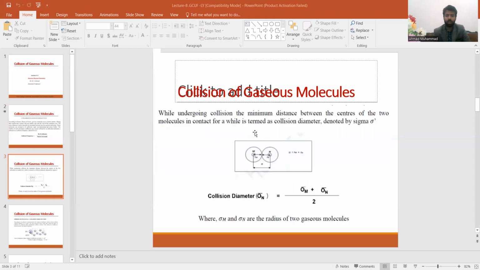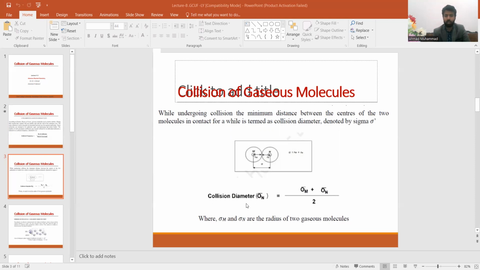For example, we consider two molecules, one is molecule M and the other is molecule N. They collide with each other, and the distance between their centers is sigma, which is the collision diameter, denoted by sigma. The collision diameter is equal to the radius of molecule M plus the radius of molecule N divided by 2.